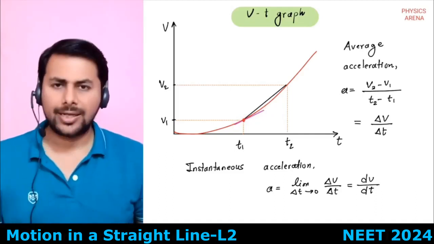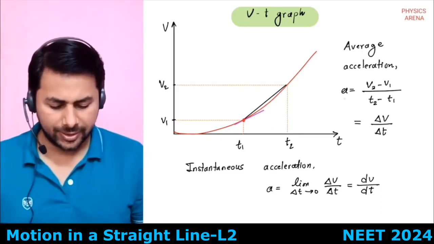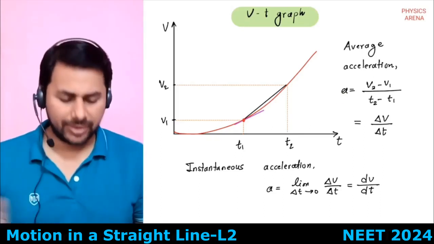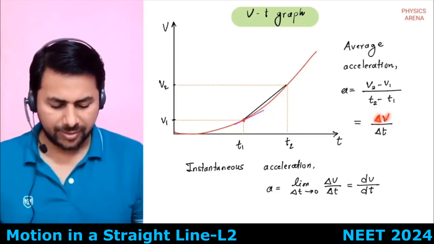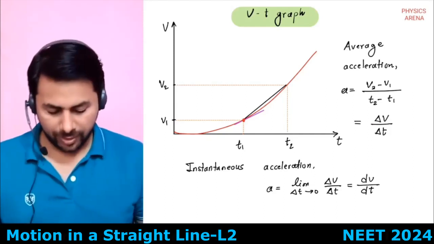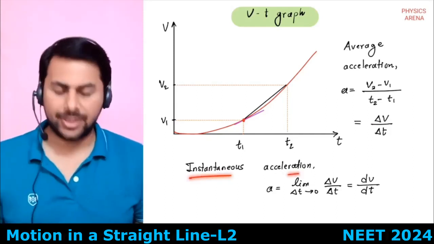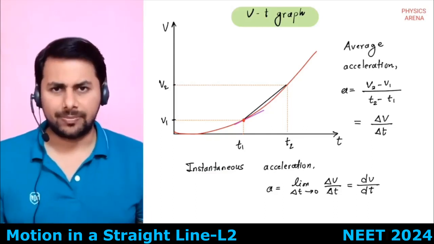Whatever acceleration we studied till now were average accelerations. So a is equal to v2 minus v1 divided by t2 minus t1, that is, change in velocity delta v divided by change in time delta t. This is average acceleration. Instantaneous acceleration will be the derivative of velocity with respect to time.